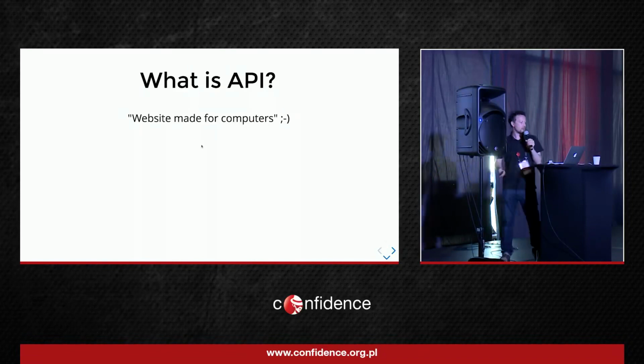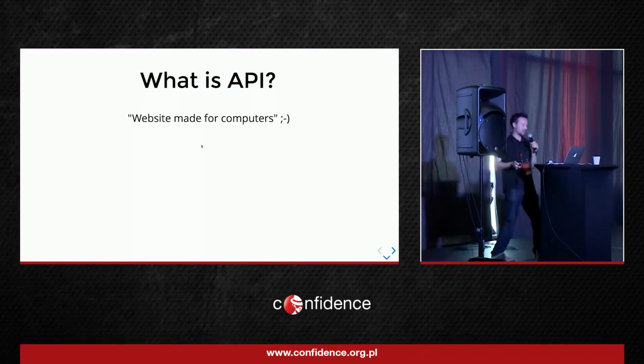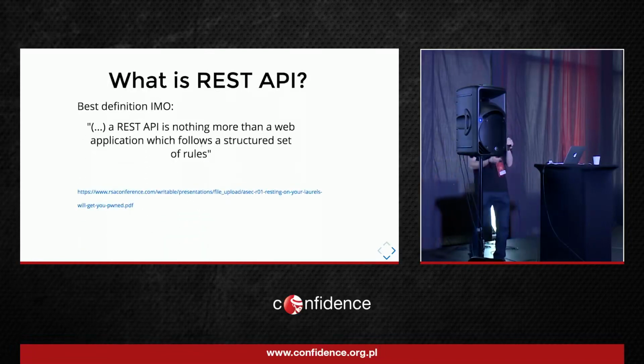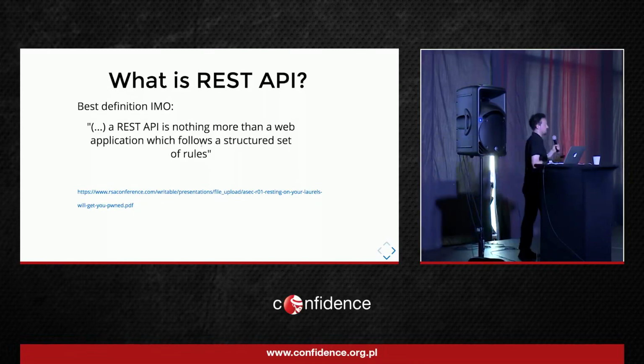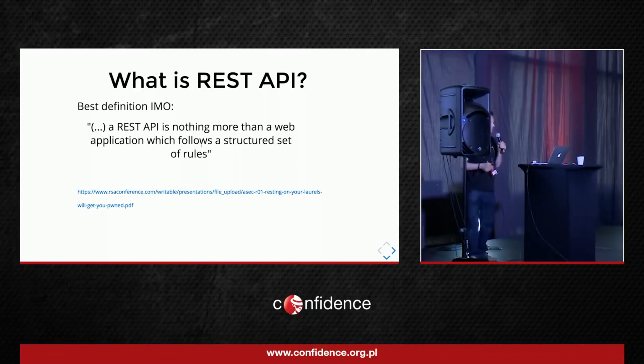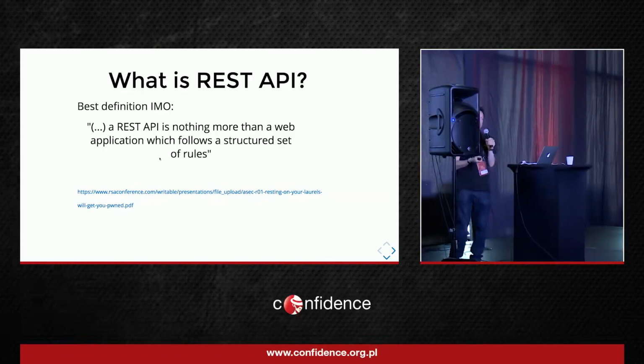All right, what is API? Actually, I found this funny definition somewhere: website made for computers. What is REST API? There are, of course, formal definitions, but actually I see that no one sticks to this formal definition, and the best definition, in my opinion, I found is this. REST API is nothing more than just a web application, but this web application is structured.